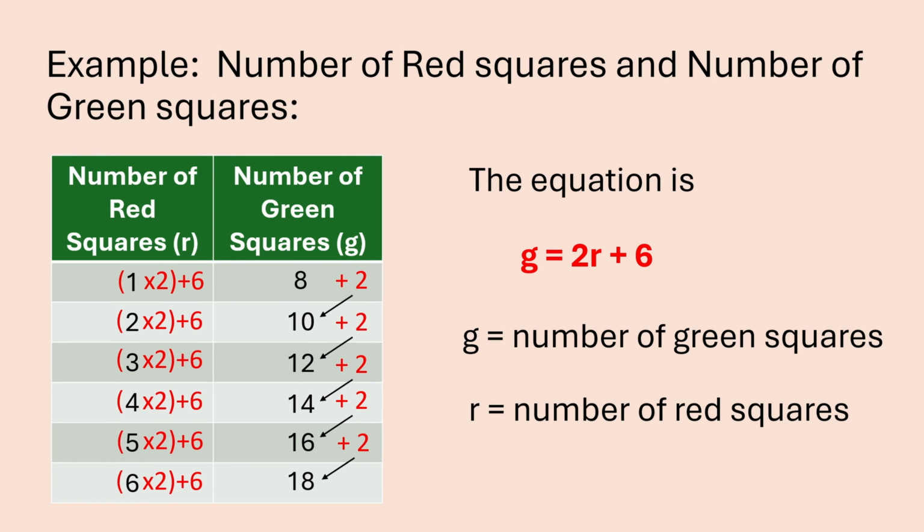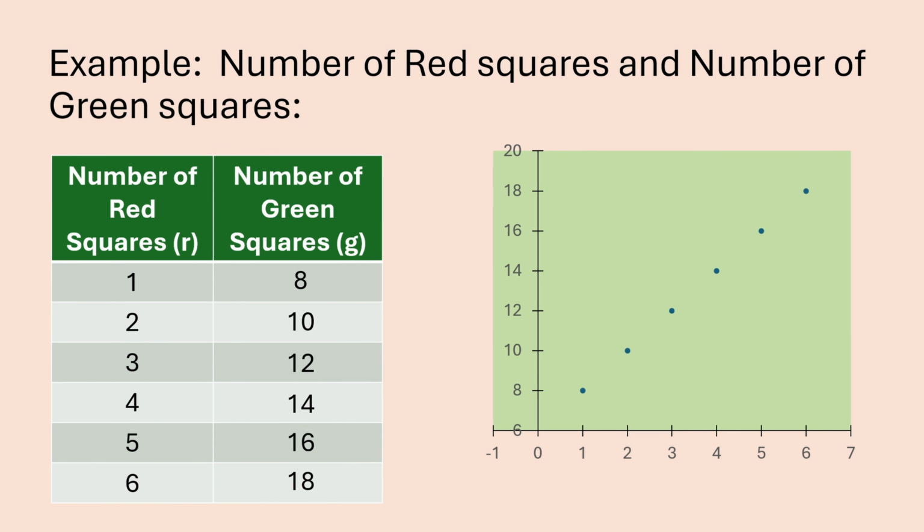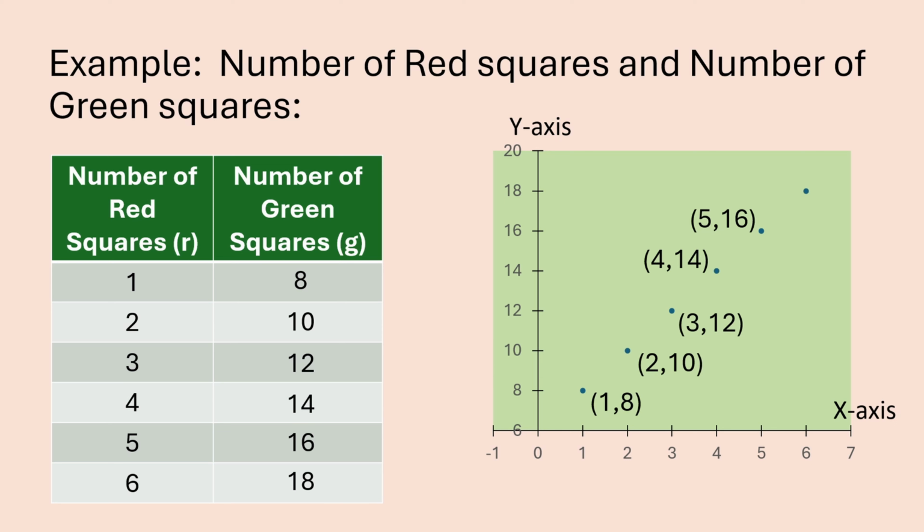So the equation is G is equal to 2R plus 6. The points are (1, 8), (2, 10), (3, 12), (4, 14), (5, 16), (6, 18). Plotting these points gives another straight line, a linear relationship.